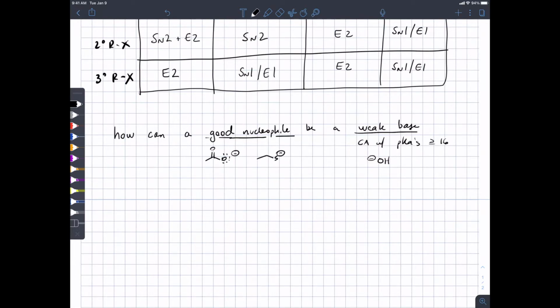Large and polarizable atoms tend to be good nucleophiles as well. Things that have pKa's that are greater than 0. And that includes a lot of items that are on our list of good bases as well, like hydroxide and methoxide.